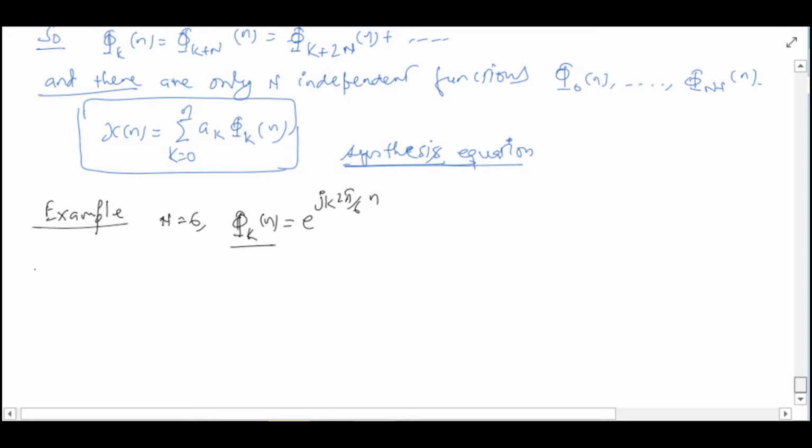For k equals 1, we'll have the complex exponential as follows.